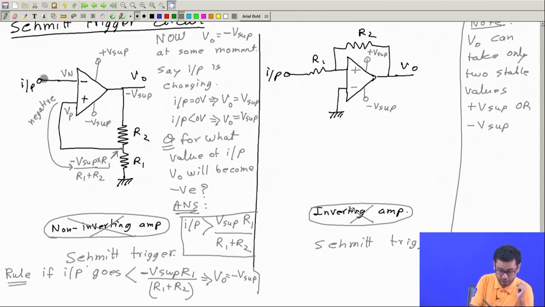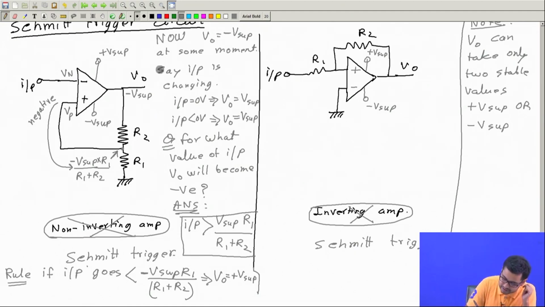If this is lower than this, then output will become positive again, because this is lower, this is higher. So, the moment input goes lower than this, output will become positive V supply. Okay. So, that is the rule.